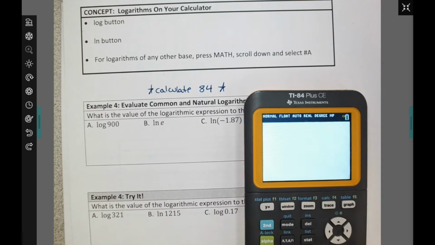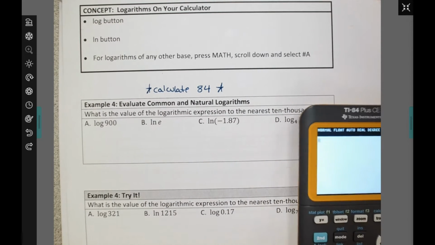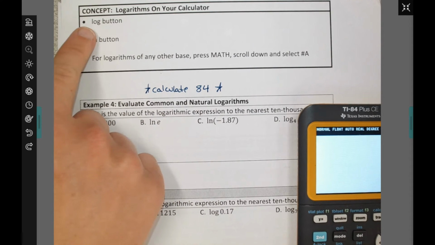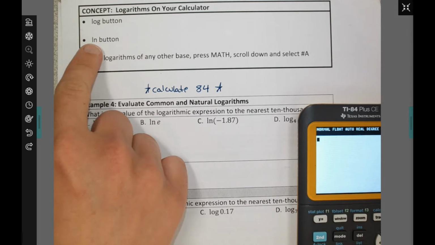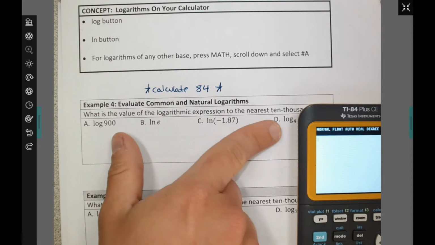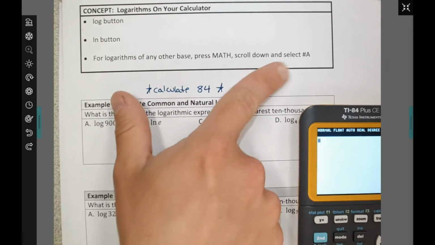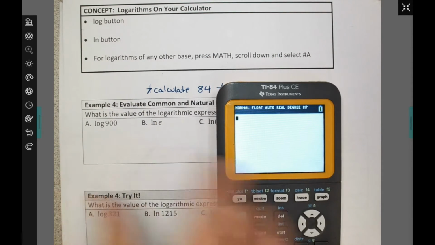We have 3 different things we can do here as far as logs are concerned. You could use the straight up log button when there's no base. We could use ln when it says ln. Or for logarithms that have a different base, we can go math and then scroll down to A and just type it in. So these should be a piece of cake.